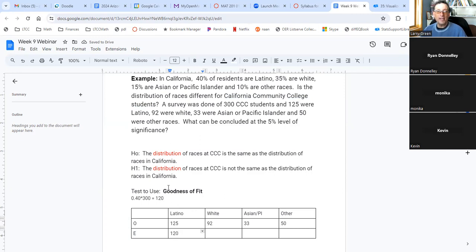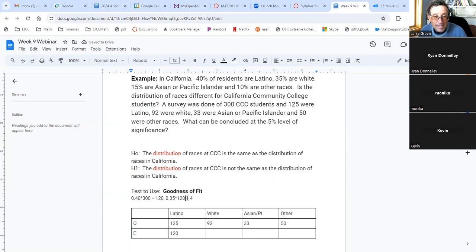Okay, similarly for whites, we're going to take 0.35 times 120. And how much is that? Yep, 42.